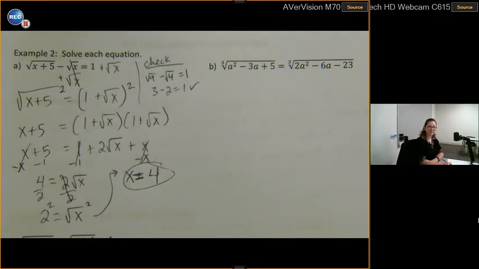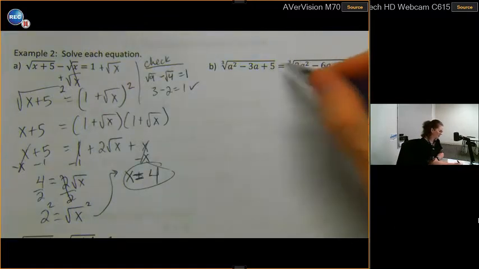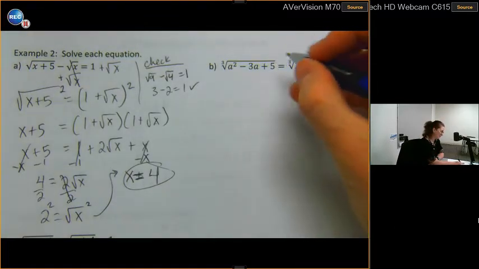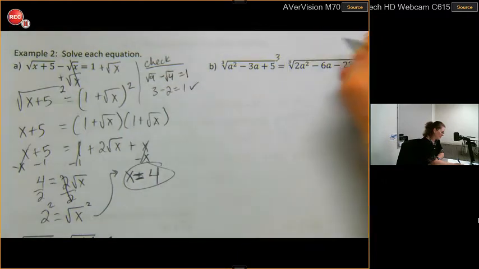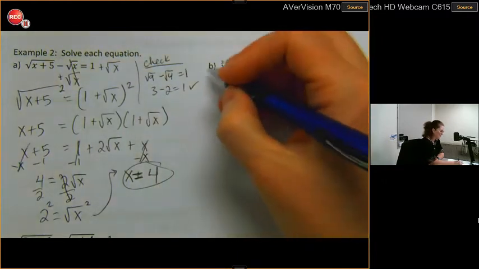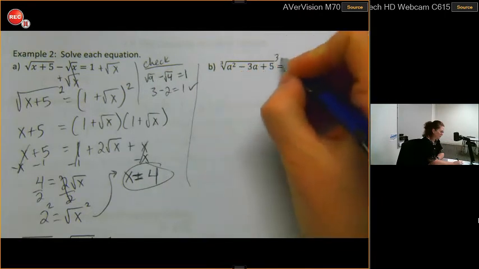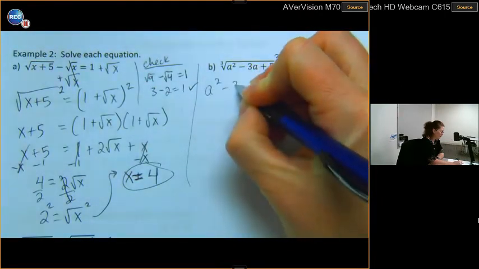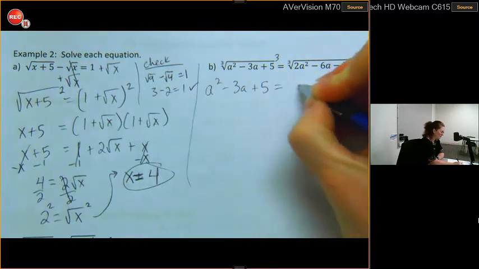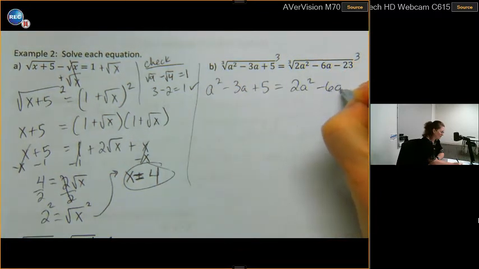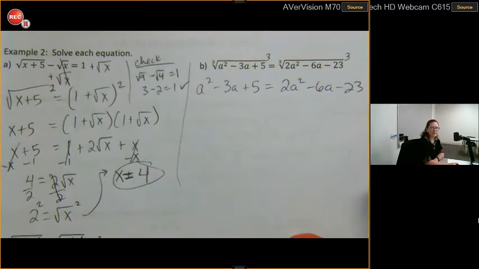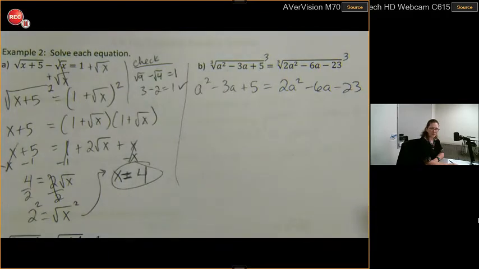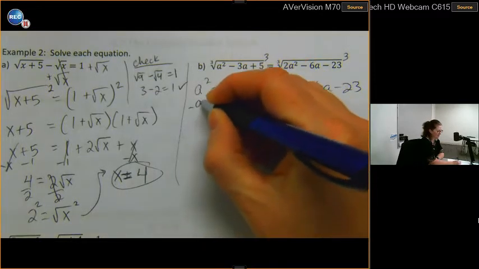Part B has cube roots. I already have one radical isolated. Well, actually, they're both isolated, one on each side of the equals. So I start by cubing both sides. That makes my radicals cancel out. And then I have a quadratic, because there's a squared variable, which means I need to get everything together on one side of the equal sign.